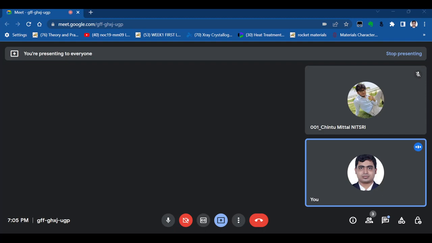Then what will happen to tau max? We know it is sigma max minus sigma min by 2. So what is your sigma max? That is sigma 1. And sigma minimum is sigma 3, which is equal to minus sigma 1, divided by 2.